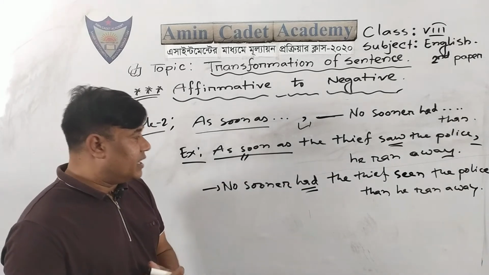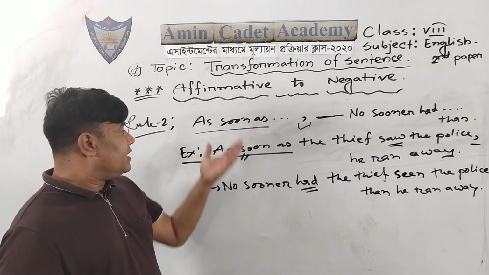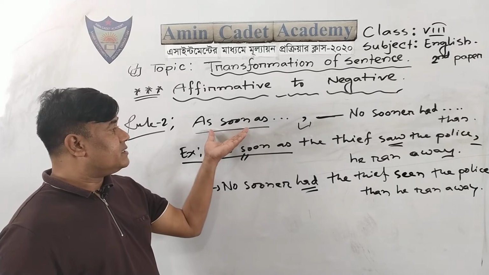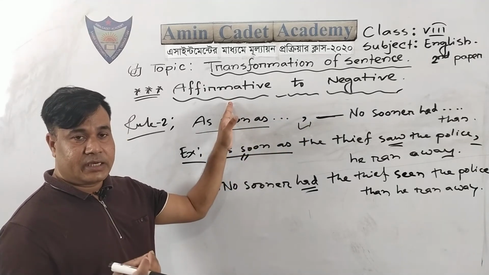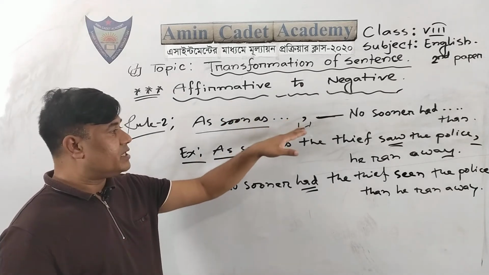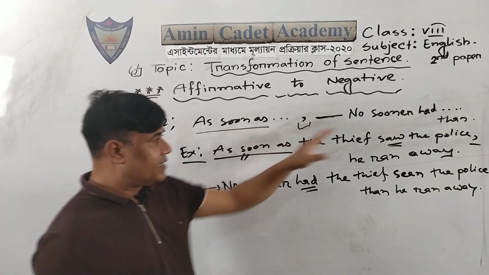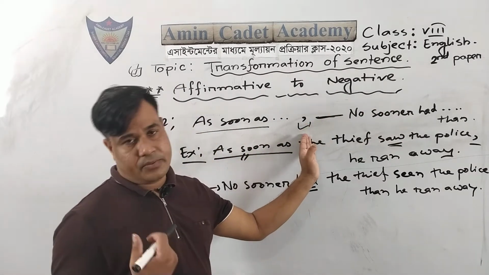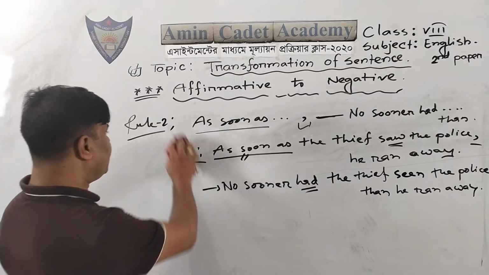So you should keep in mind that if you find as soon as ..., comma in any affirmative sentence, then to transform it into a negative sentence, you should use no sooner had instead of as soon as, and then instead of comma. Okay? Now we are going to the next rules.